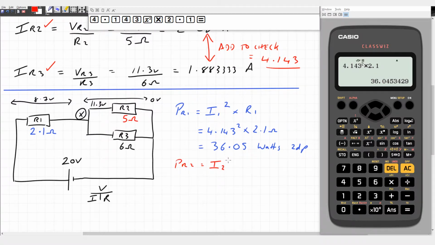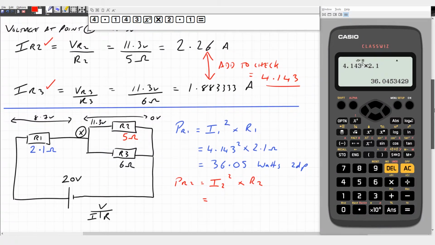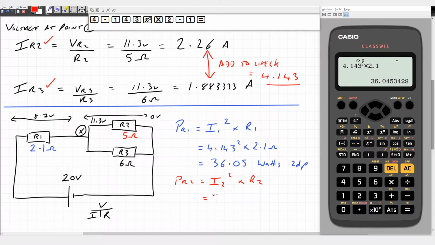So the power of R2 is the current through R2 squared times R2. Earlier we worked it out to be 2.26 amps squared times R2, which is 5 ohms. And that comes out as 25.5, depends how you round it, 25.54 watts to 2 decimal places.